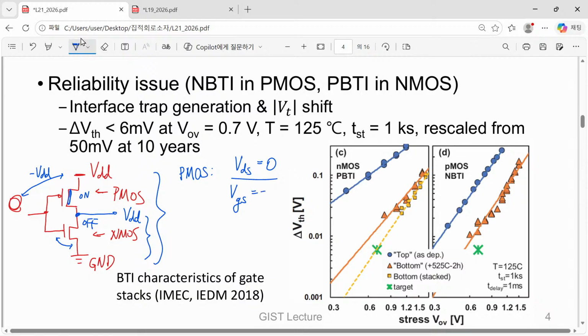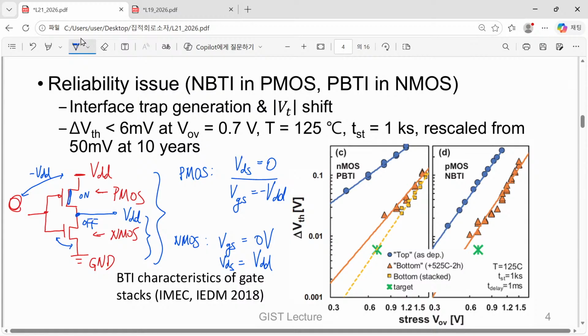It becomes minus VDD. A high negative value is applied to our P MOSFET. But please consider this N MOSFET. In this case, how large is its VGS value? It becomes just 0. And VDS becomes VDD. Okay, so are you with me?